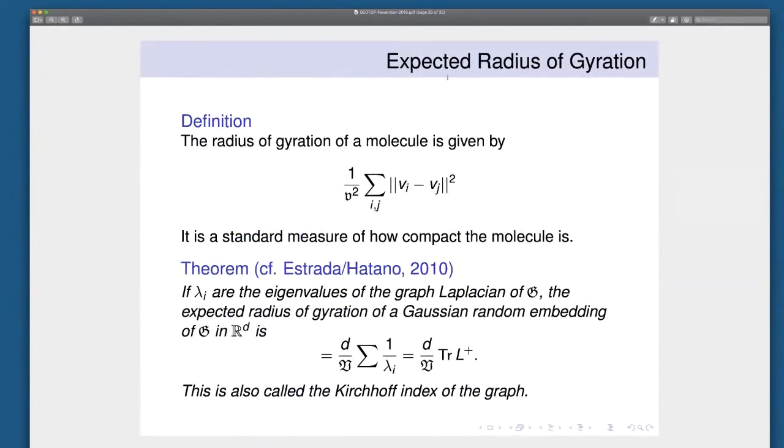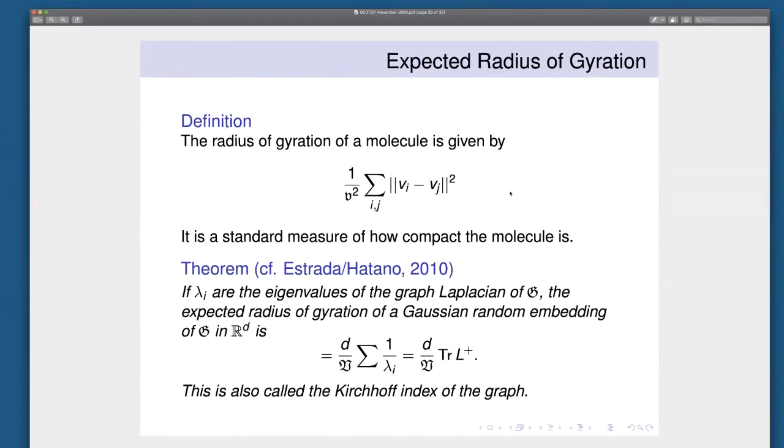Okay, but we can say more, right? If we can compute the expectation of one squared distance, we can sum those computations to compute the expectation of all the squared distances, and that's the radius of gyration. So if we sum up all of these L plus II plus L plus JJ minus L plus IJ minus L plus JI over all I's and J's, it turns out that the row sums and the column sums of the graph Laplacian disappear.